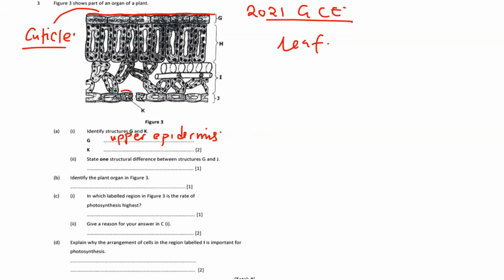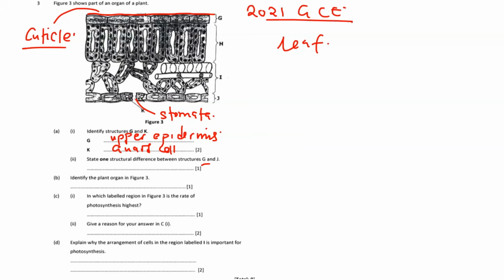The cells that form this opening are called guard cells. So K is the guard cell. Now this opening, just to name it, is called the stomata.